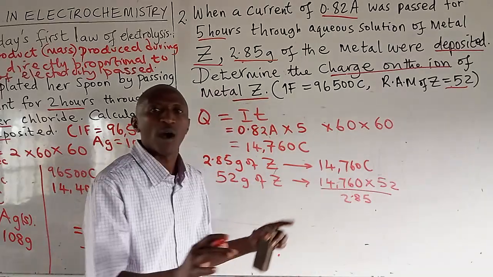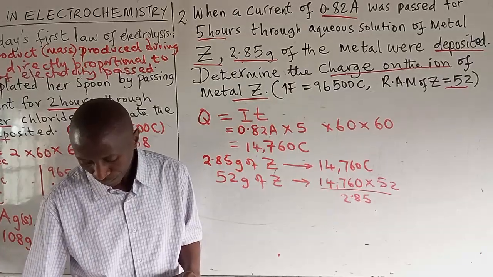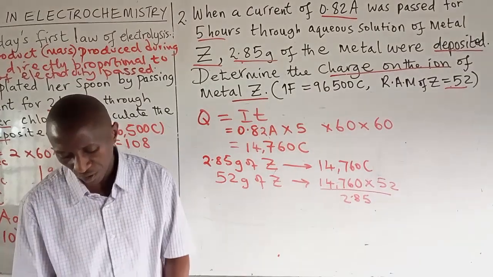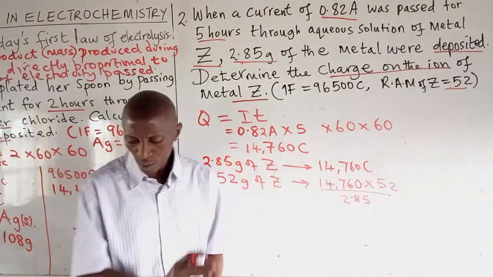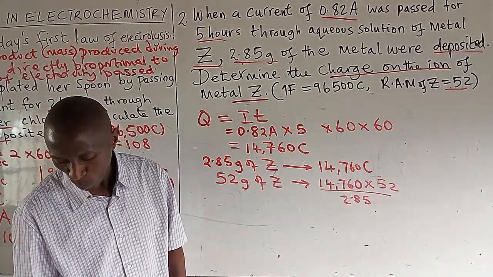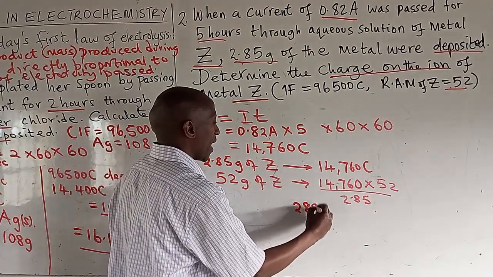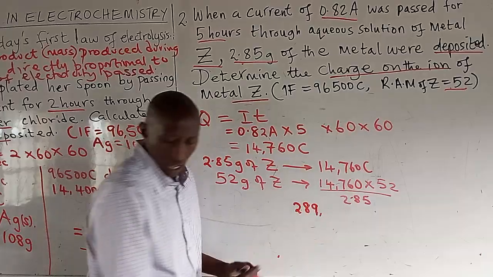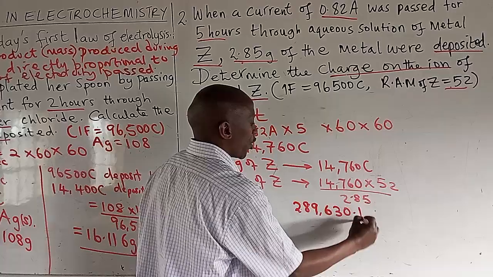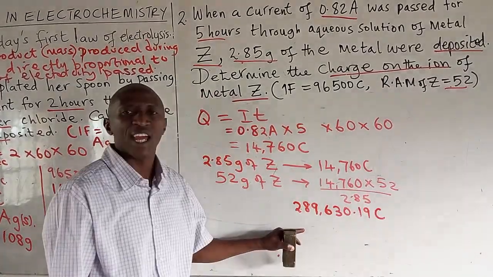So viewers, key in that on your calculator and let us see how much charge that would require. What are we getting? We should be able to get approximately 289,630.19 coulombs.